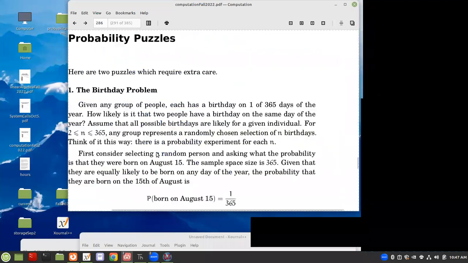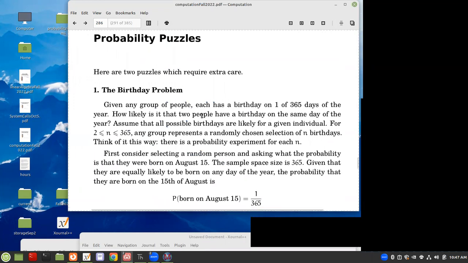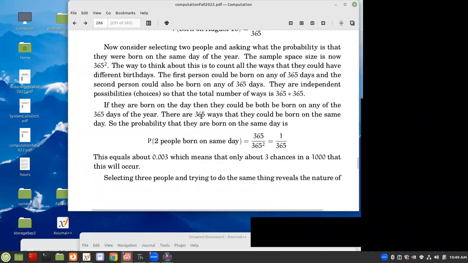The first one is the birthday problem, which is: given a certain group, what's the probability that 2 people have the same birthday? It turns out that even if you have a small number of people, the probability rapidly gets really large. So that's this first problem here, the birthday puzzle.